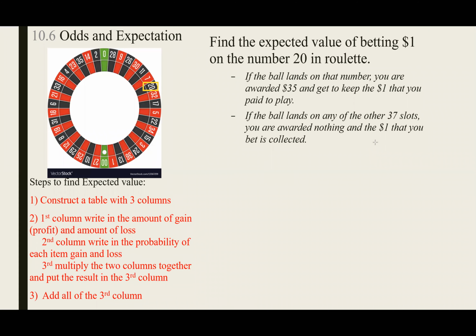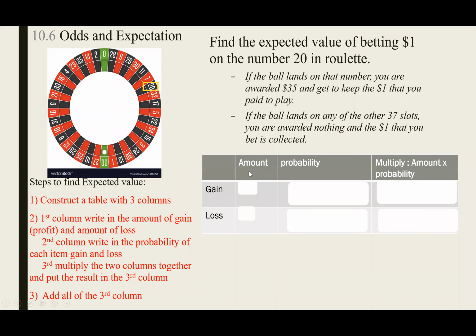So you say, wow, based on this from the eyesight, that is a very good odd, right? $1 to win 35, 1 to 35, right? For every dollar I bet, I could win $35. That's a very good odd, right? But is it really good? Is it really what it looks like? So this is where the expected value comes in.